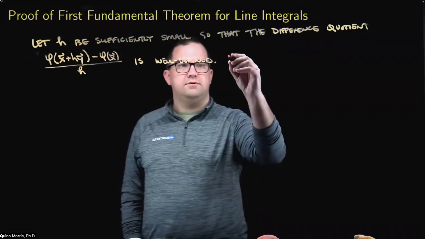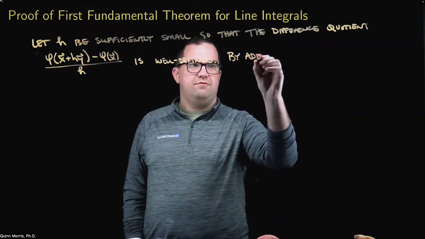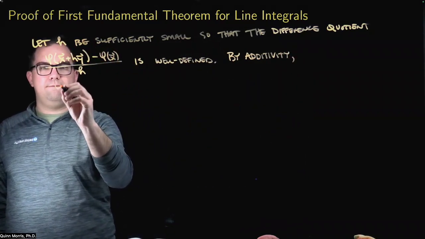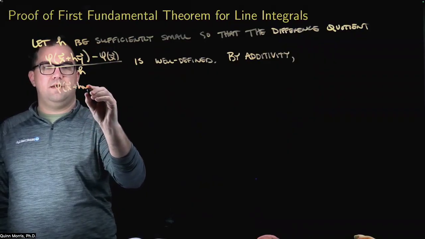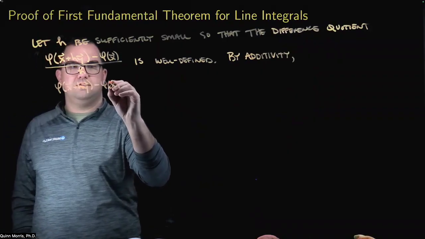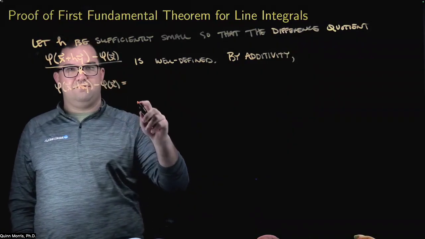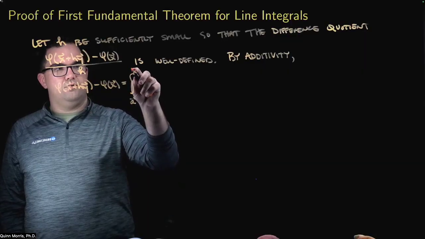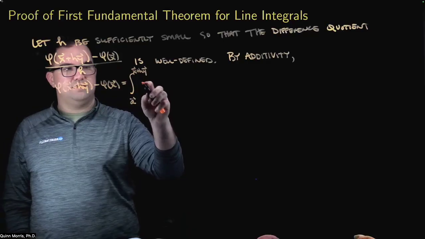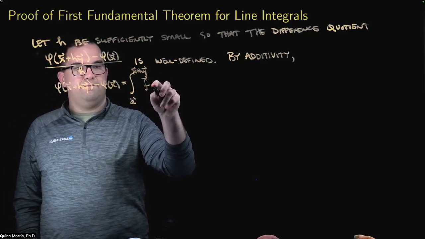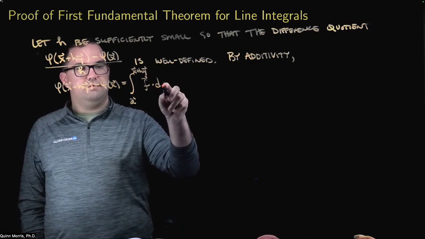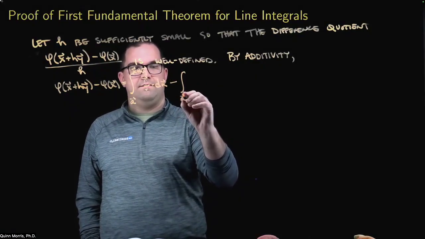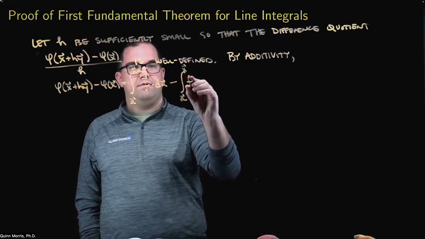All right. So by additivity of the line integral, if I look at this numerator, psi of x plus hy minus psi of x, that function psi was defined as the line integral from a to, in this case, x plus hy of f dotted with d alpha, minus the integral from a to x of f d alpha.